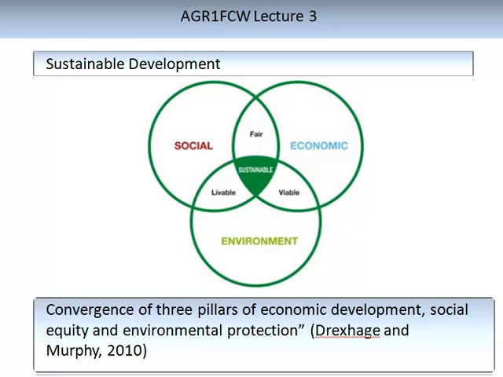In this lecture, we will be looking at examples of Australian agricultural enterprises and how sustainability has driven agricultural food production change. So it is the convergence of the three pillars of economic development, social equity and environmental protection that defines how sustainable an industry is. So what do we mean by all of that?